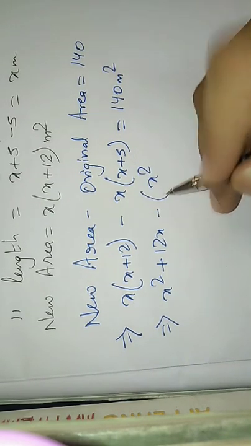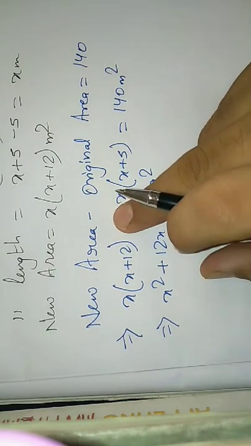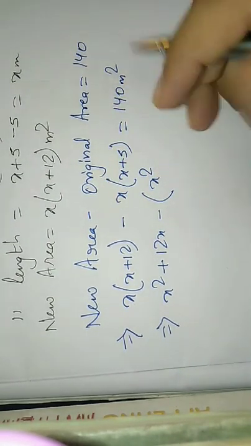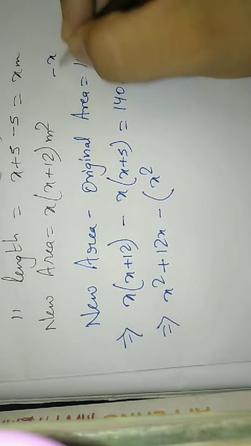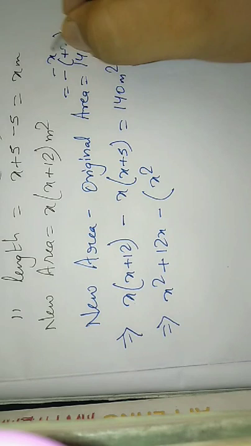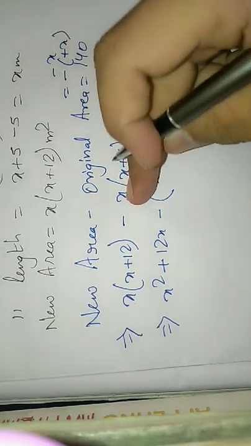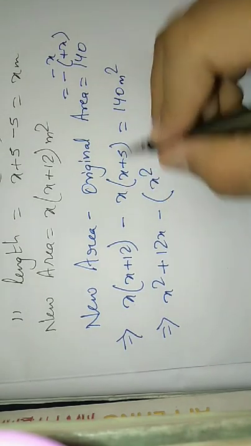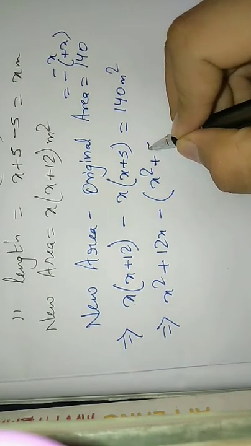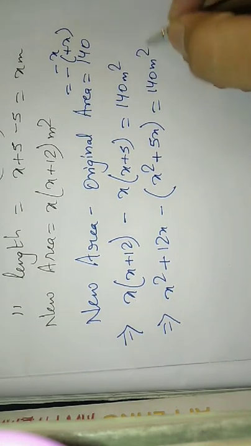Suppose this minus x is there, can't I write it as minus into plus x? Same thing. So I just took minus outside. Plus x into x is x square, plus x into 5 is 5x, is equal to 140 meter square.